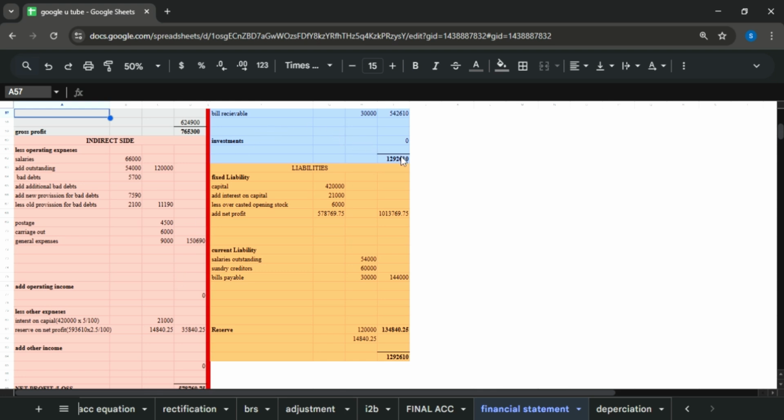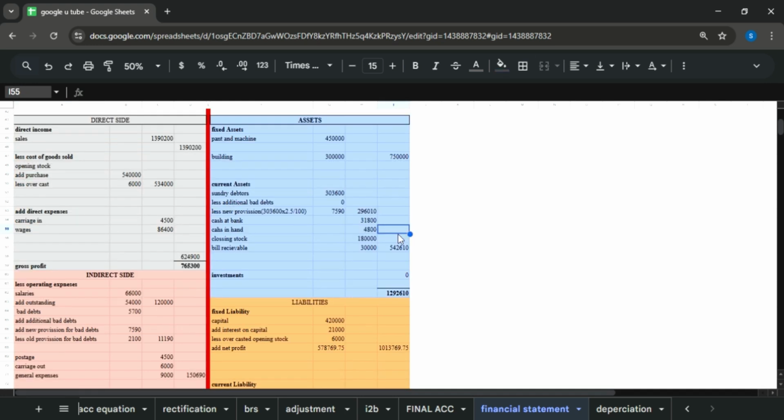If your balance sheet has become equalized, it means 99% your gross profit and net profit answers are correct. You can see 1292610 asset side, 1292610 liability side, balance sheet equalized, which shows that all adjustments and elements in trial balance are entered in the correct way.